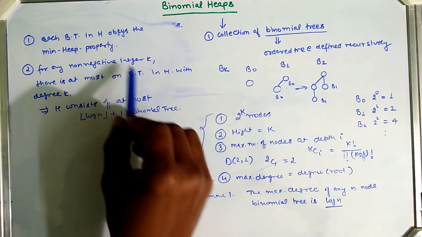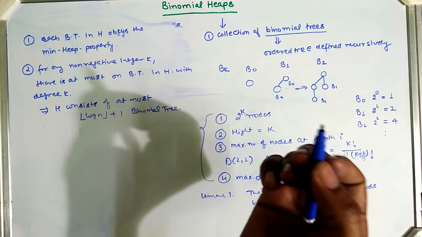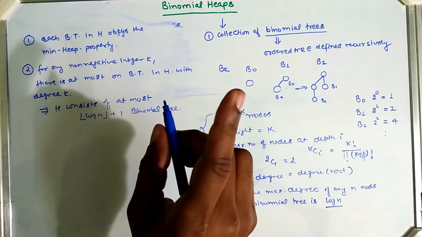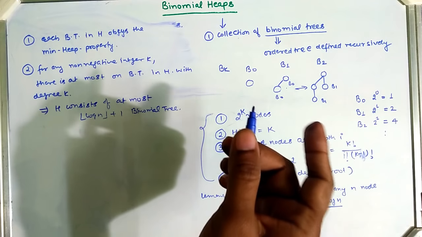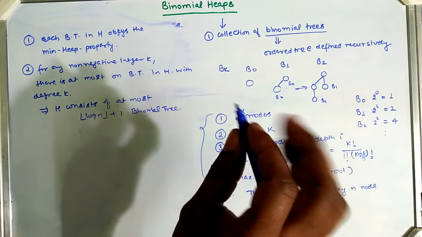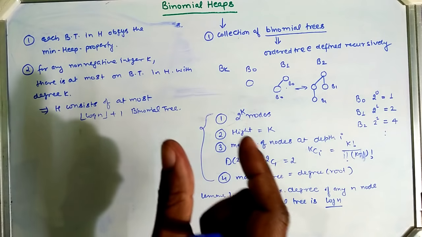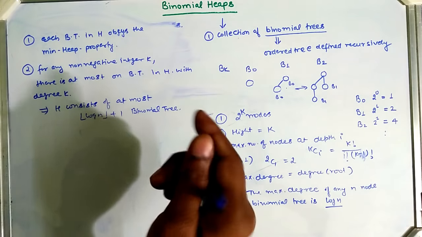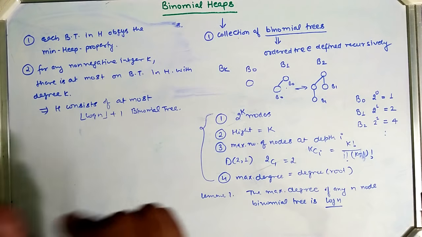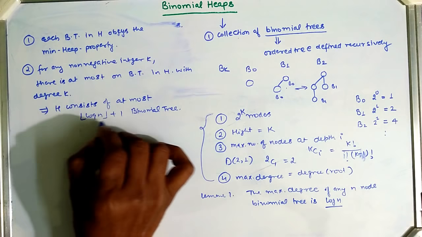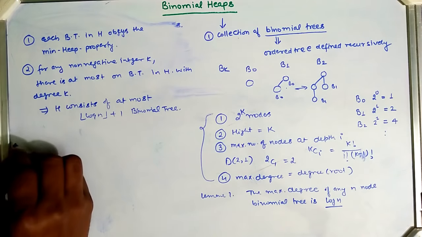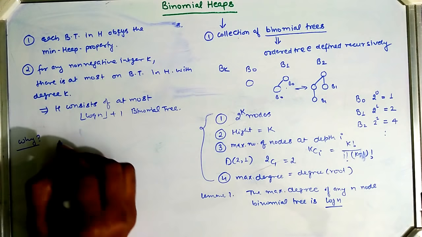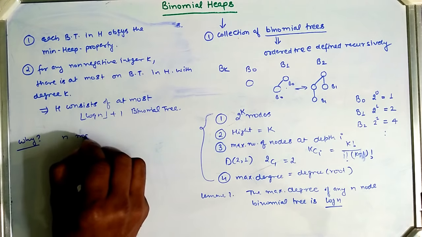This says that every binomial tree in a binomial heap has a unique degree. No two binomial trees are possible with the same degree. So by that we can say that any binomial heap may have at most log n plus 1 binomial trees. Why is it like that? Suppose we have an n-node binomial tree.